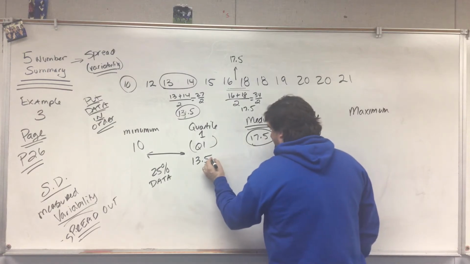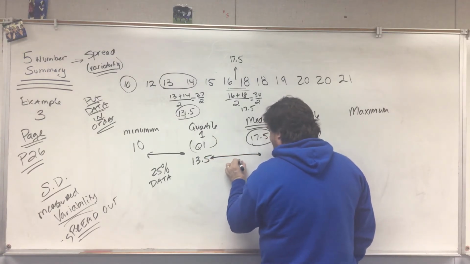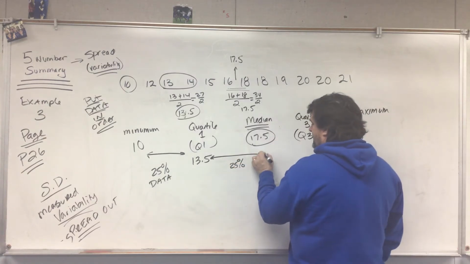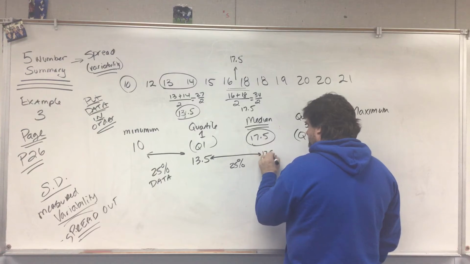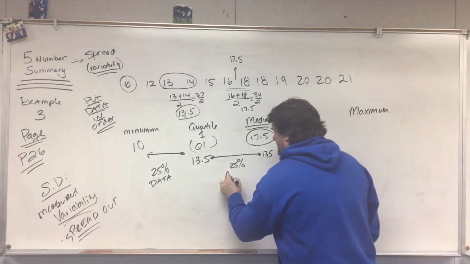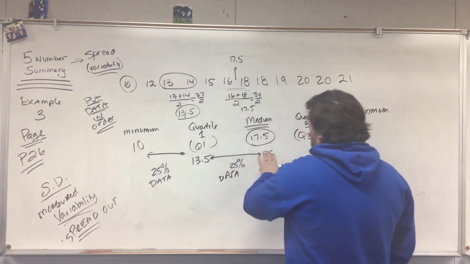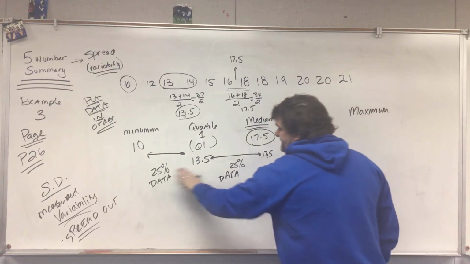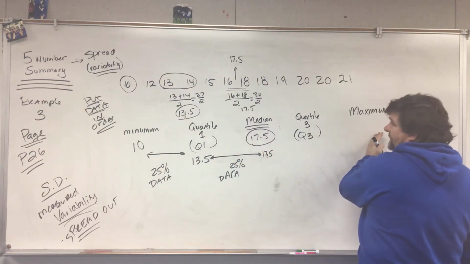That means there's 25% of the data between these two. That means for the median, there's 50% of the data on the left and 50% of the data on the right, which is half.